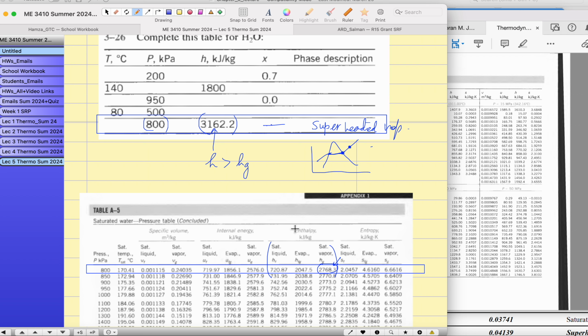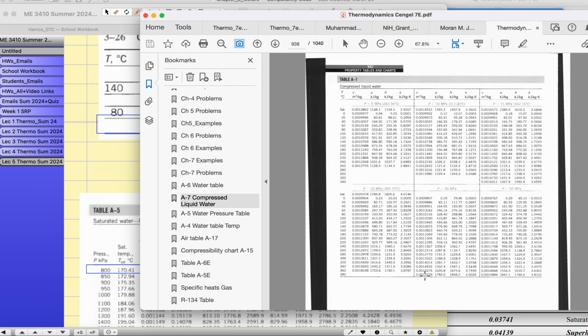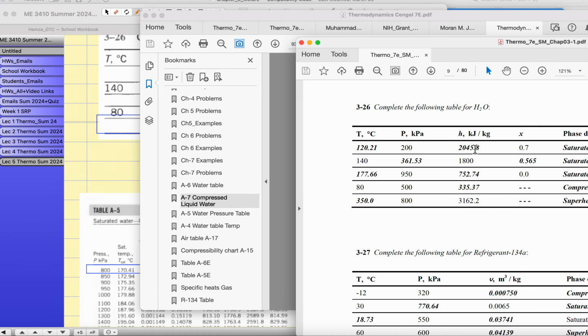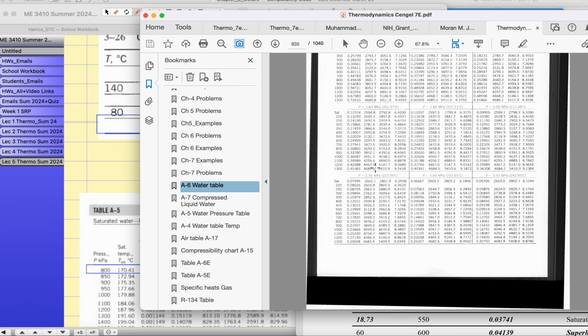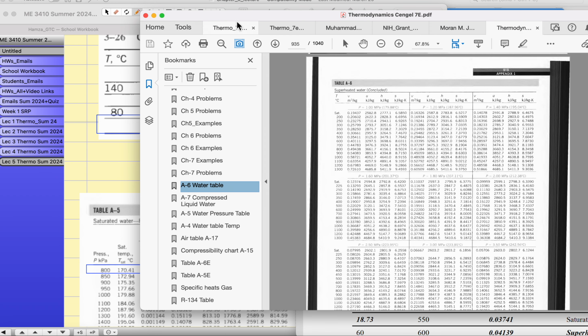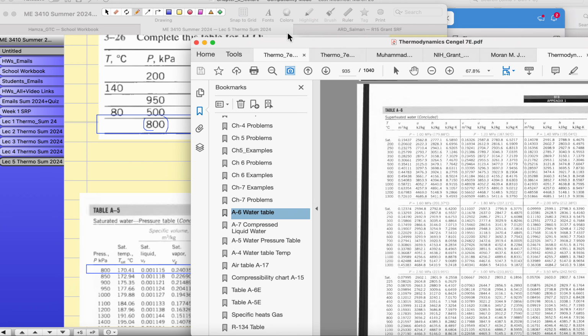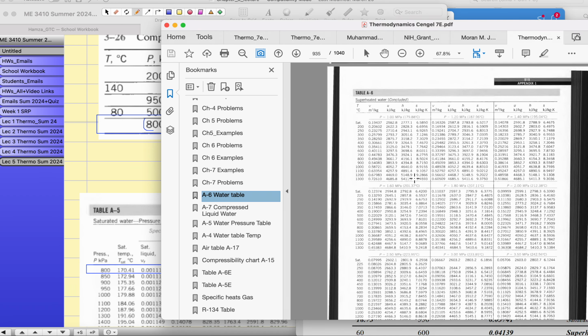And the temperature, so let's find out from the superheated vapor table. I'm going to show you the superheated vapor. The table is A-6. Let's consider 800 kilopascals.